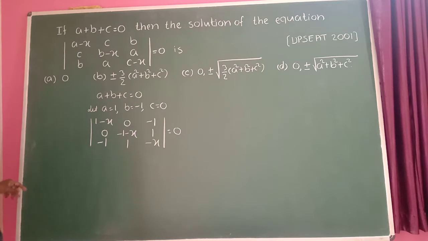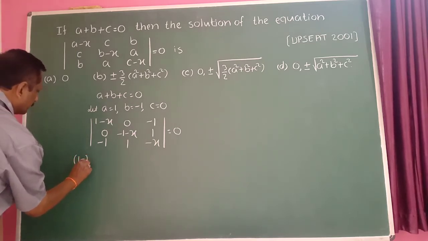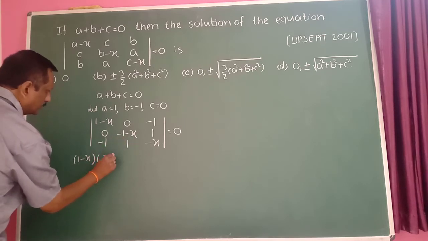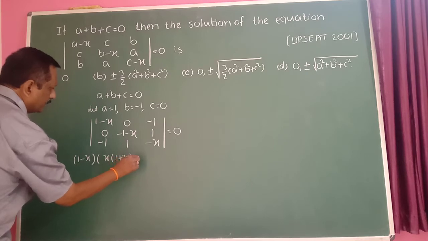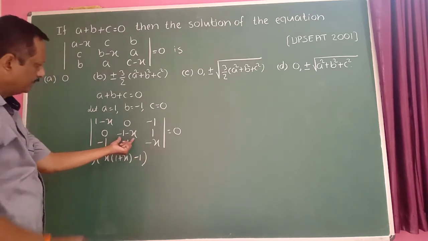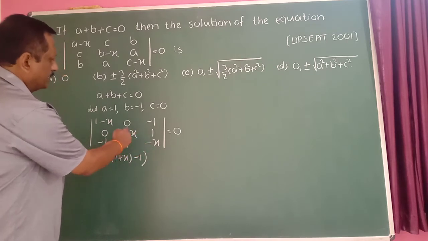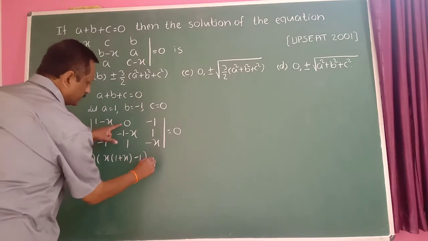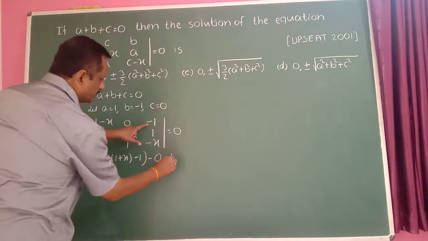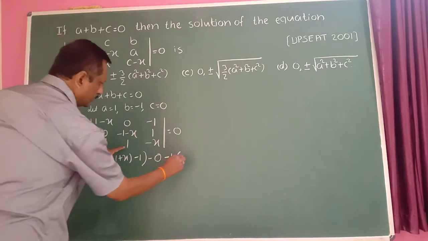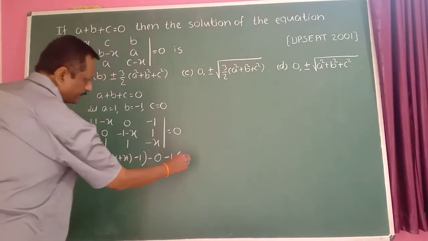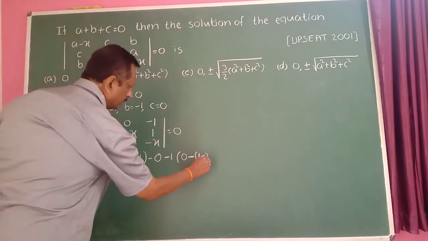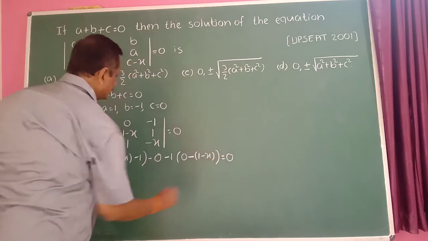Then expand this determinant: 1 minus x, then this into this, minus into minus becomes plus, x into 1 plus x minus 1 into 1 becomes 1, and 0 into any term is 0. Then minus common, and minus minus becomes plus, hence it is 1 minus x, that equal to 0.